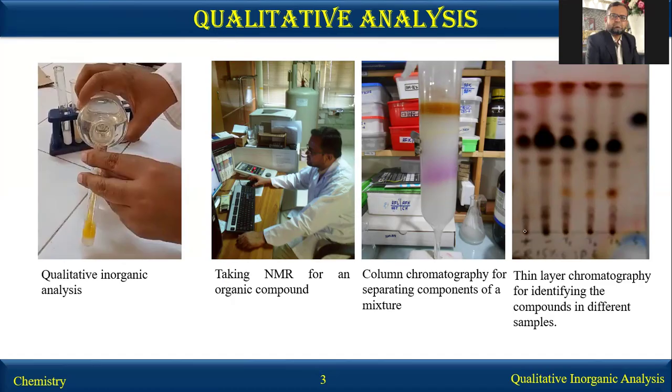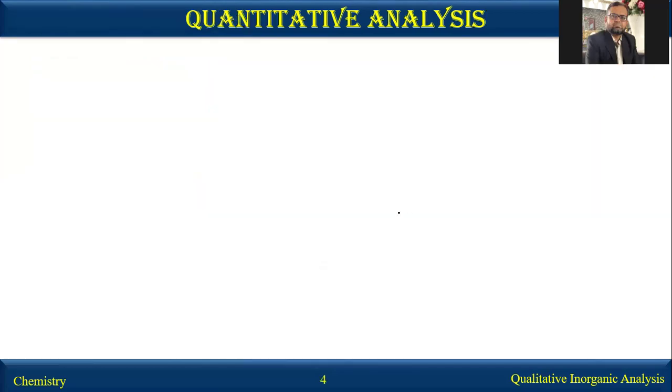If we put another spot of a known sample here, then we can compare them. But our study is only qualitative inorganic analysis right now. Okay, so we will focus only on this qualitative inorganic analysis.